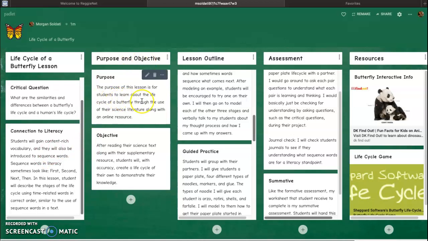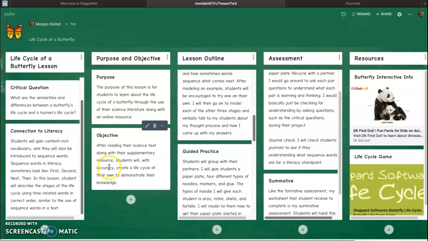So the purpose of this lesson is for students to learn about the life cycle of a butterfly through the use of their science literature along with an online resource. And then I have an objective that I'd like to have my students accomplish by the end of the lesson, which is: after reading their science text along with their supplementary resource, students will, with accuracy, create a life cycle of their own to demonstrate their knowledge.